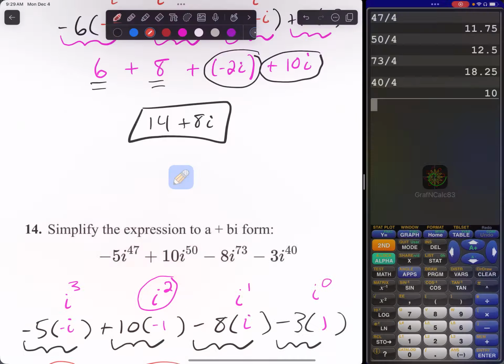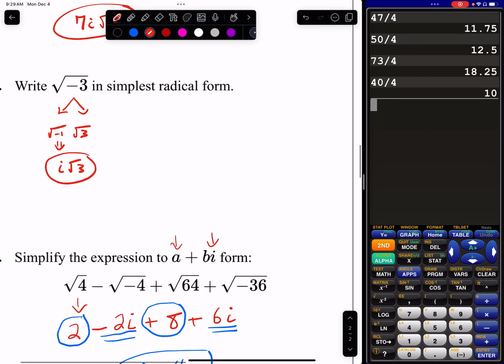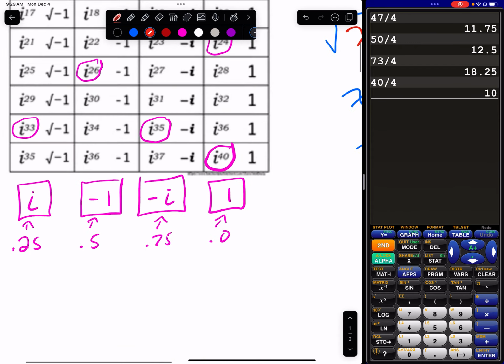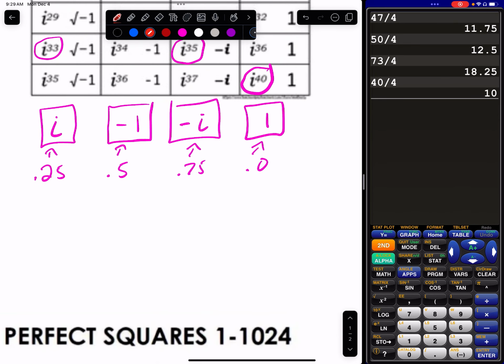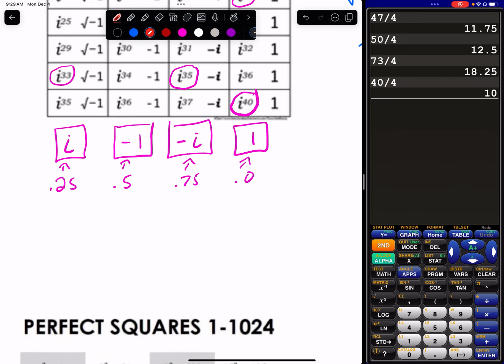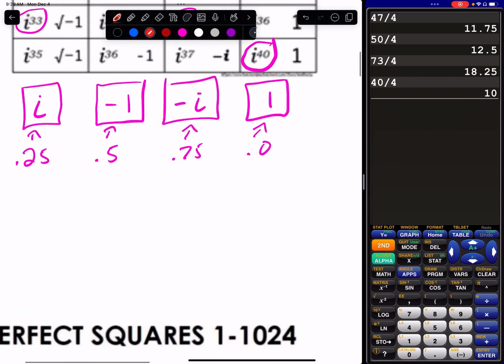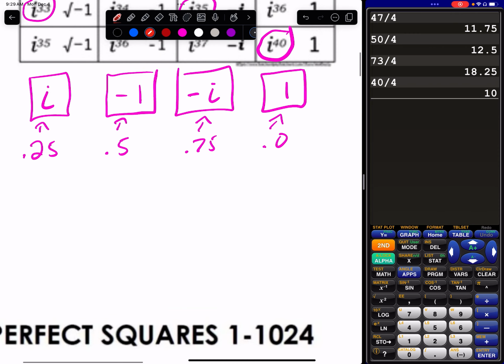Use your calculator, and then make sure that you understand this chart, that each of these values are related. If you wanted to copy down the whole large chart, you can, but that's totally unnecessary because this is really what you need to know about the powers of i. Ask us questions. There are a couple other techniques on how to do this in class. All right?